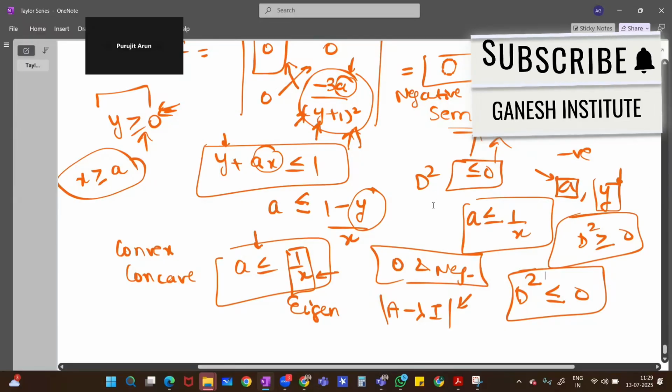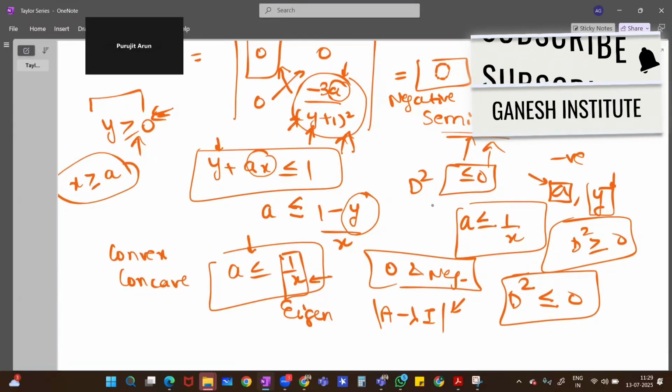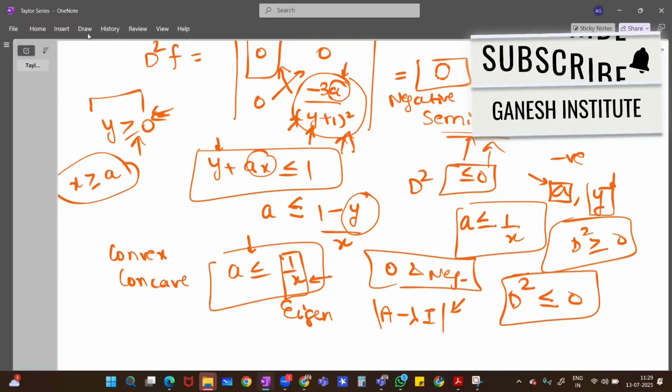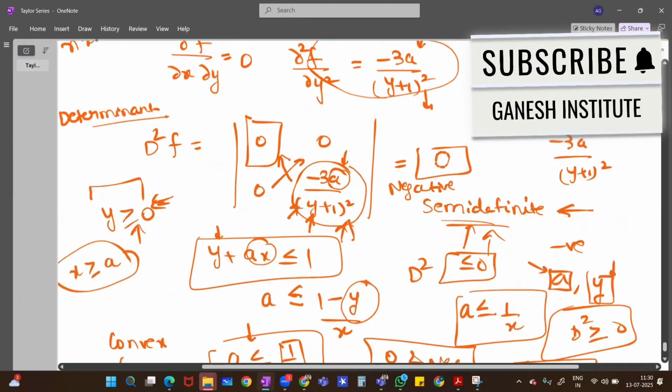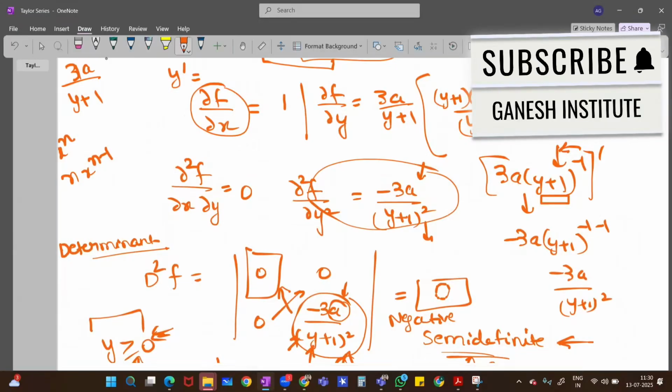Convexity and concavity: what do you have to say about it here? Ma'am, negative, sorry, negative semi-definite. Ma'am, for convexity and concavity, do we have to find the second derivative?